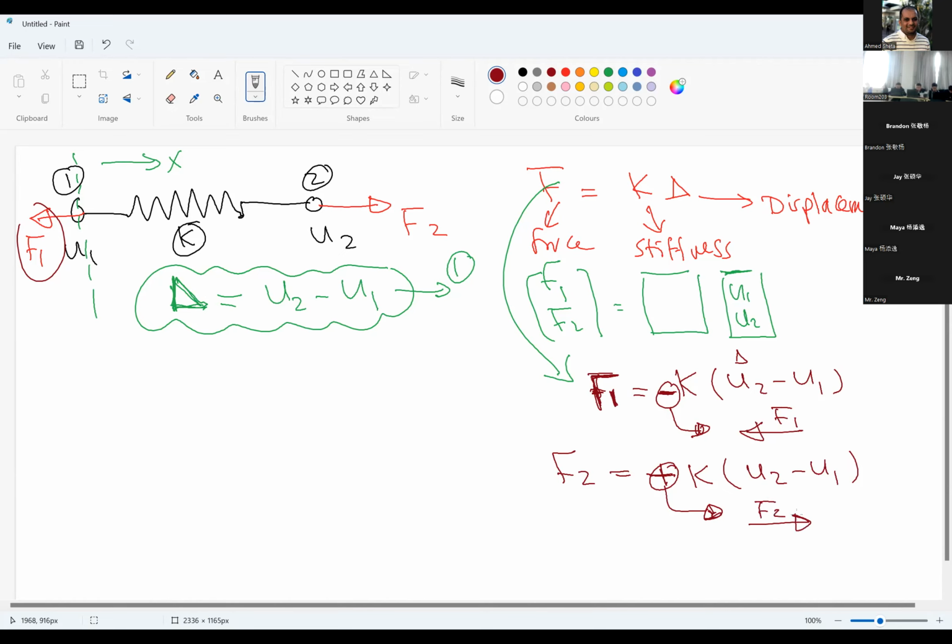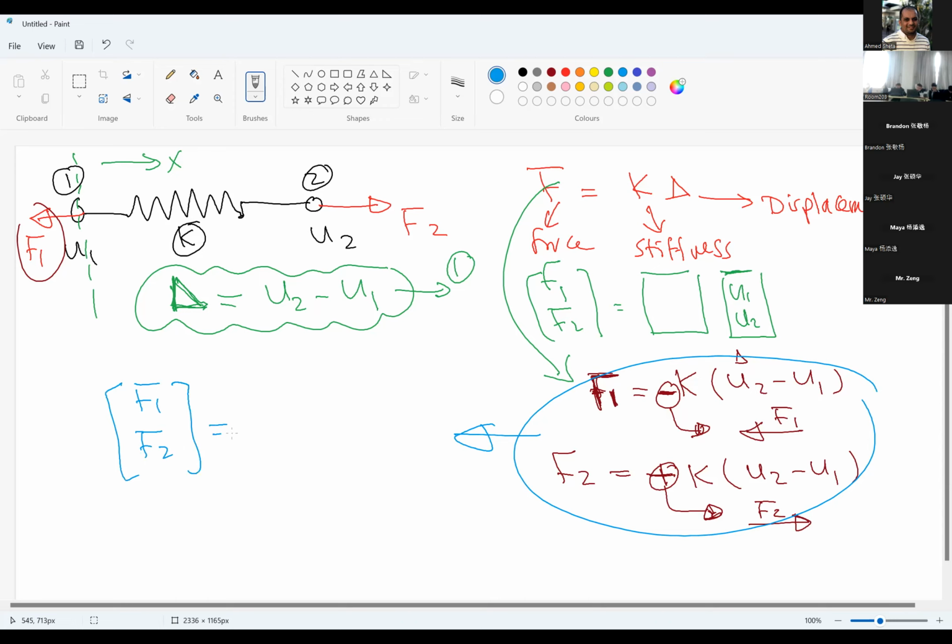So we have these two equations now. If we write them in a matrix form, we will have F1 and F2, the forces, equal to, first of all, let me make it more simple here. Now you know that negative means to the left, positive means to the right.